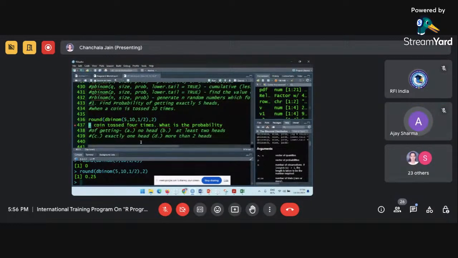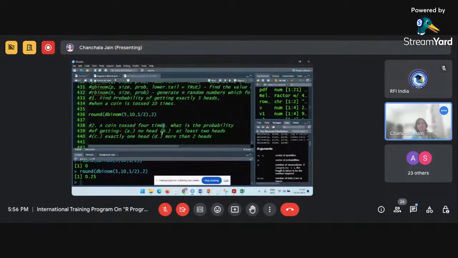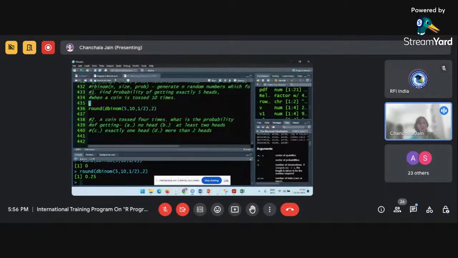Just a minute. This is the second problem I have taken, right? So here I'm writing the solution. It is easier for us to understand. Now this is question number 2. The question is, a coin is tossed 4 times. What is the probability of getting no head? So suppose I am finding the solution for no head.